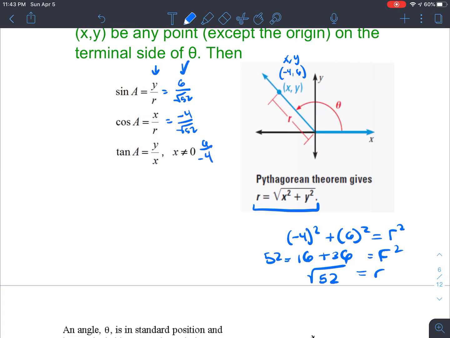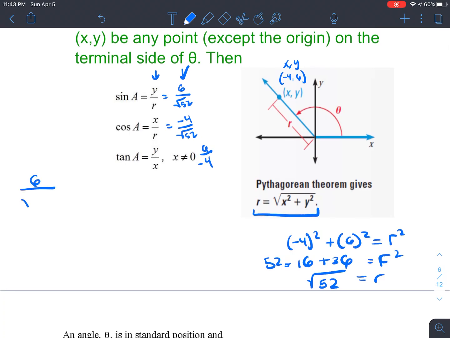Okay, now we should be reducing these. All right, so if you don't remember, let's talk about it again. If we have a radical in our denominator, we need to make sure that we rationalize it. So 6 over radical 52 can be rationalized by multiplying by radical 52 over radical 52, leaving me with 6 radical 52 over 52.